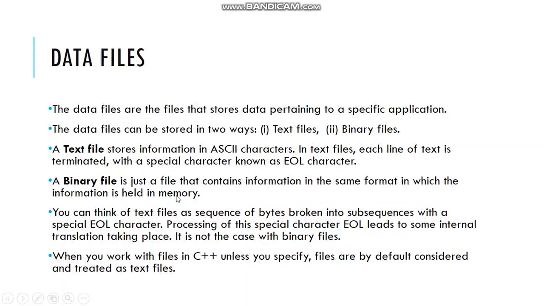You can think of text files as a sequence of bytes broken into subsequences with a special end of line character. Processing of this special end of line character leads to some internal translation taking place. It is not the case with binary files.